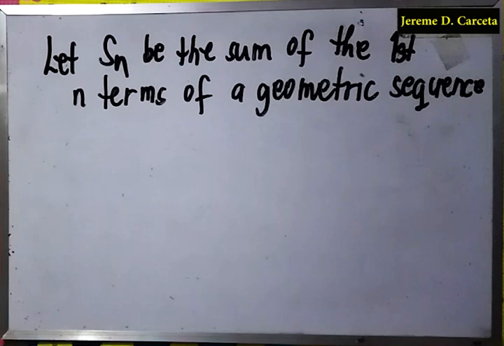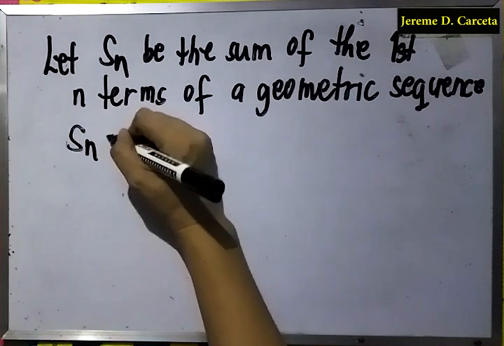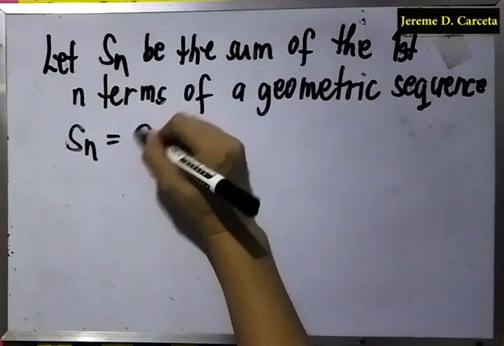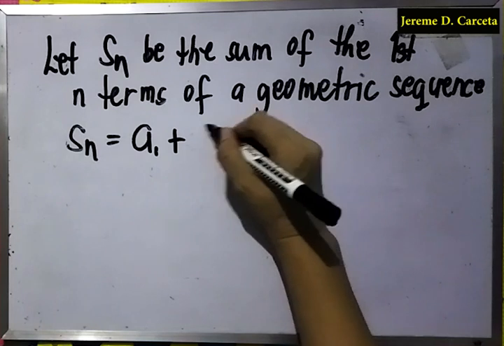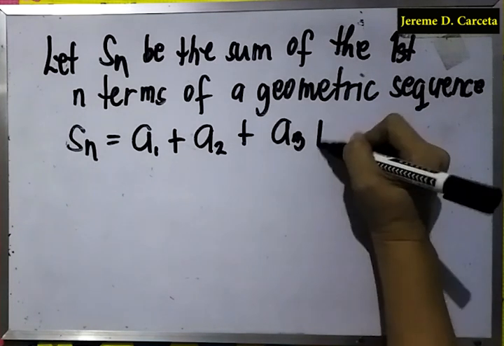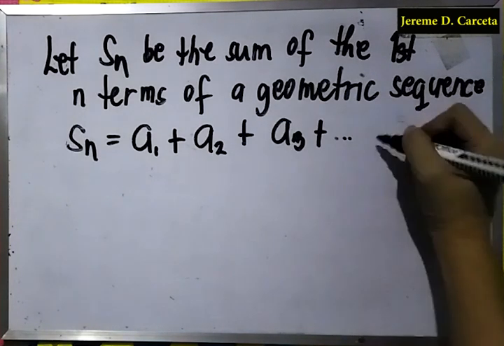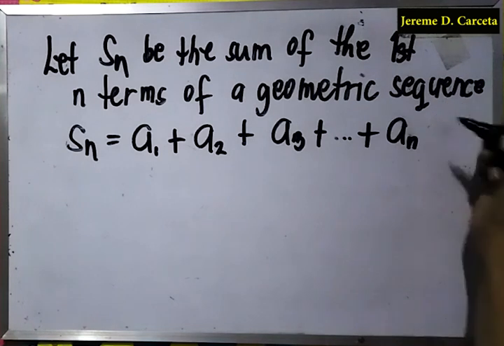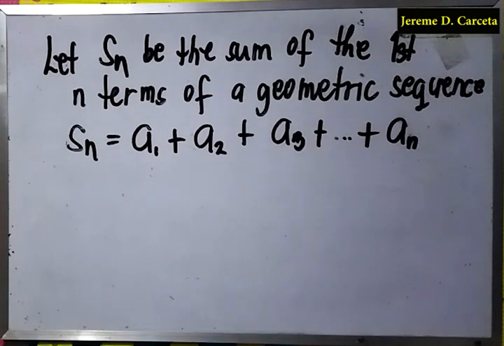Then we will have S sub n is equal to our first term plus the second term plus the third term plus other terms until the a sub n. So let us say this is the first equation.